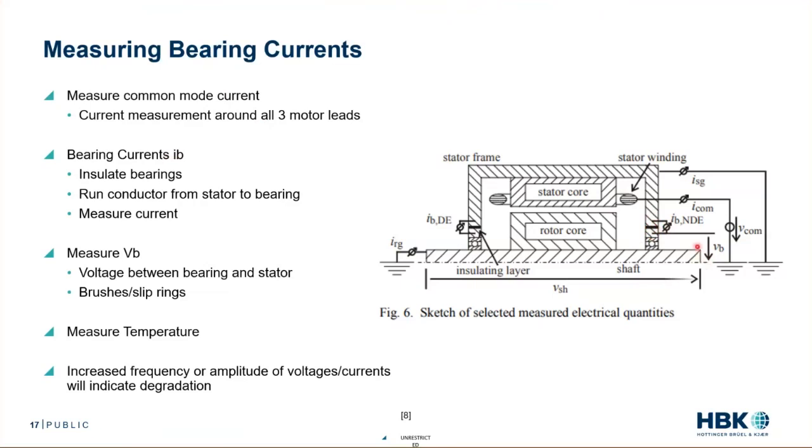I can also measure my bearing voltage. This one's a lot easier. I just put a measurement on the bearing and a measurement on the housing, and I look at that differential. So we can start to understand what is my bearing voltage, what is my bearing current. We can see that voltage creep up over time, and then we can see it discharge through the bearing, creep up, discharge. And we can start understanding what are the currents that bearing would experience.